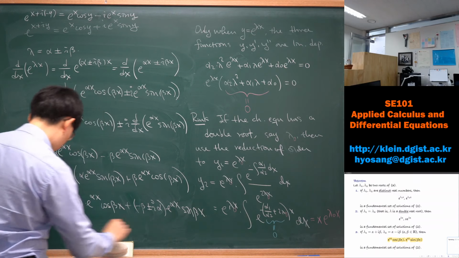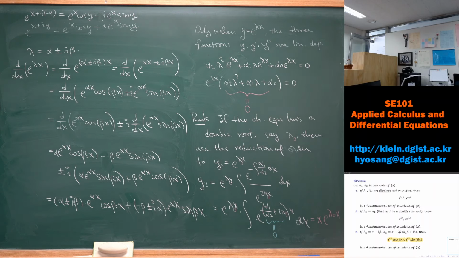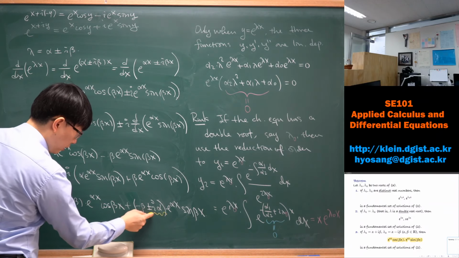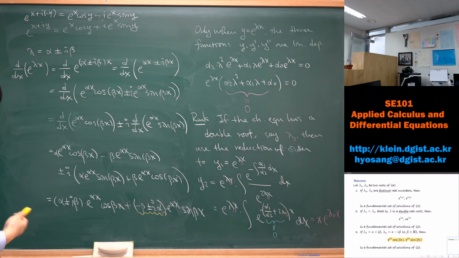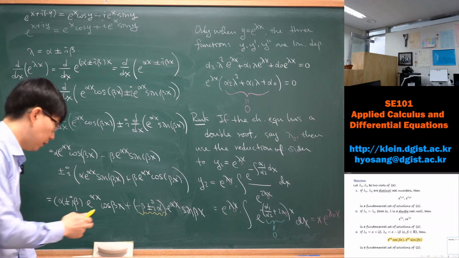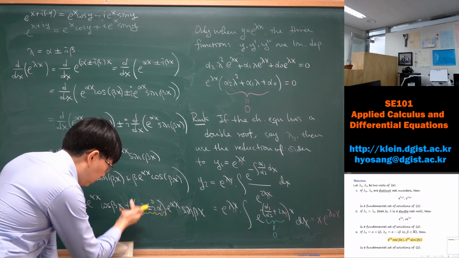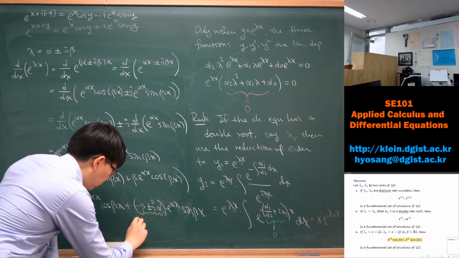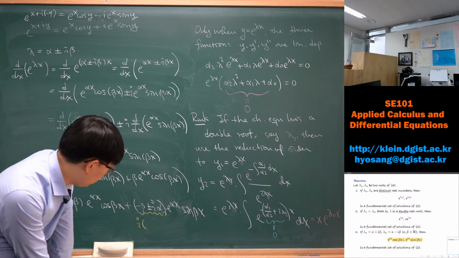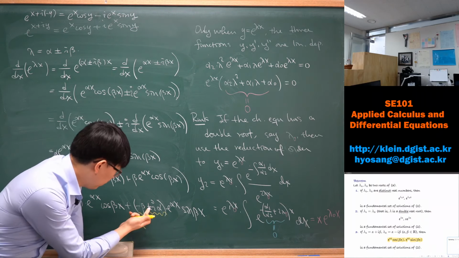Okay. Let's look at this complex number carefully. I want to take the I in front of this multiple.